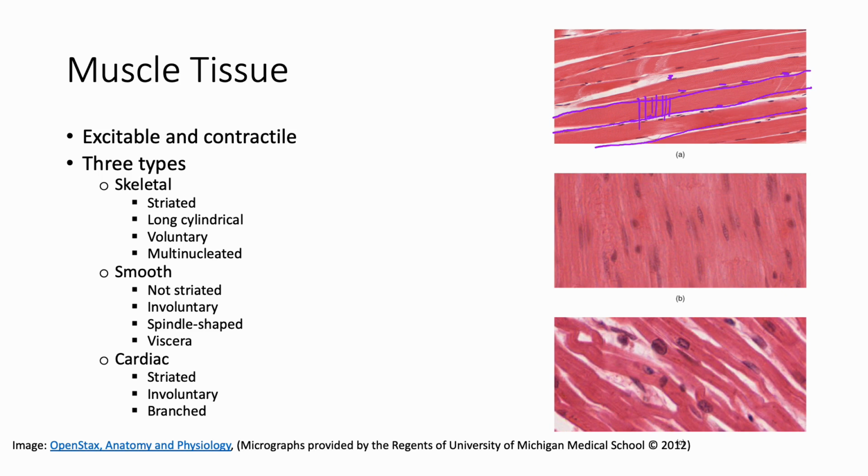And if we look at smooth muscle, these are what we call spindle shaped. So they're skinnier at the ends and they get fatter in the middle, okay? This is the typical shape of smooth muscle. Now it's smooth because we don't see any of that striation, and it's involuntary.